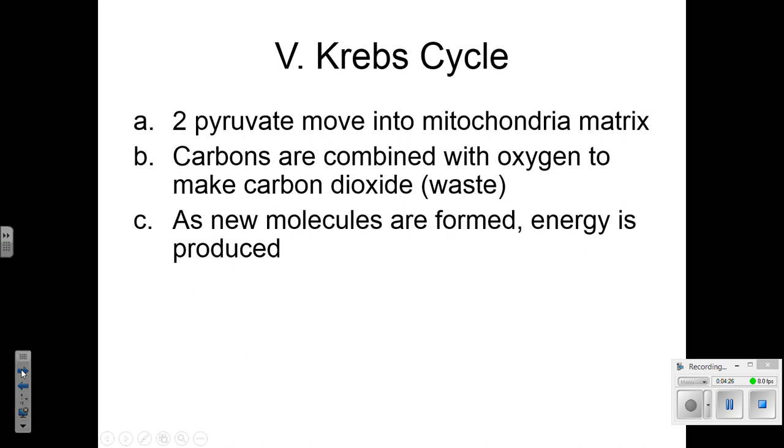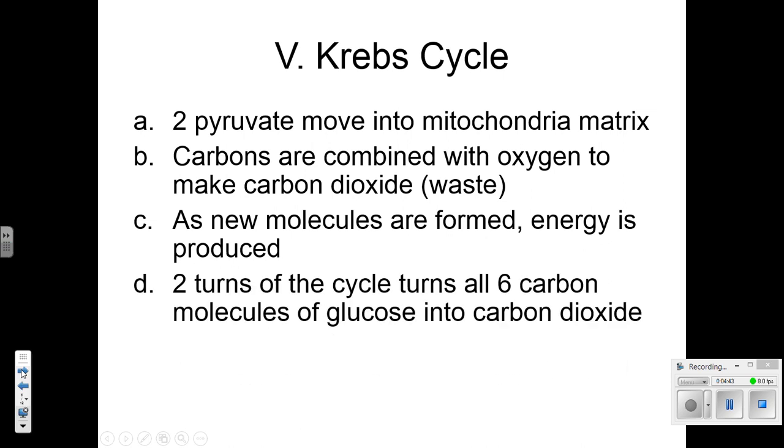As we are plucking off carbon and recombining them with things, we're producing energy. Okay, so if you remember, we break bonds, that's going to make energy. So we're breaking apart pyruvate, which releases a bunch of energy.